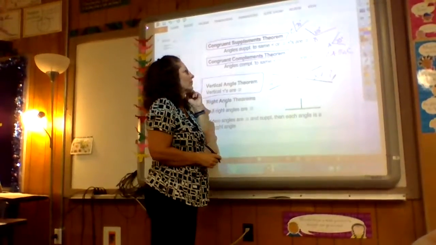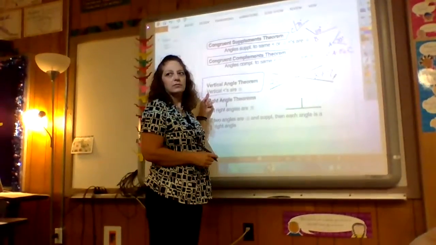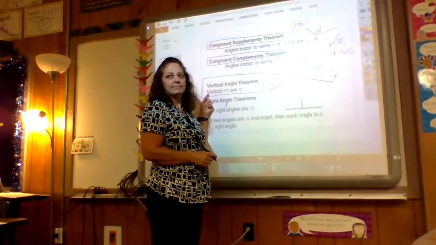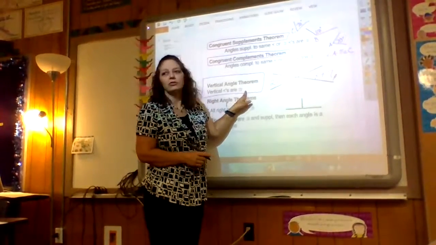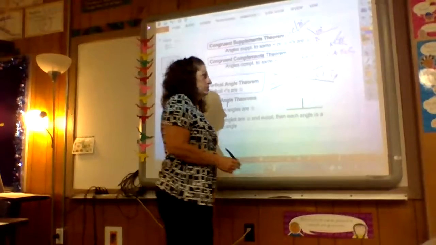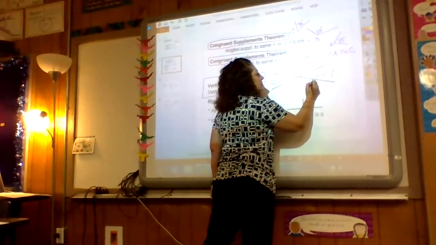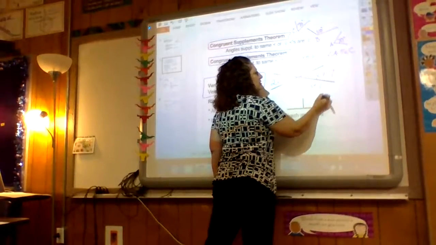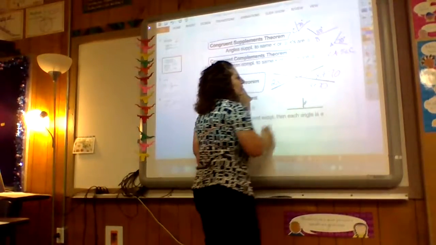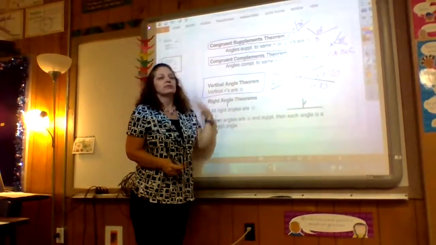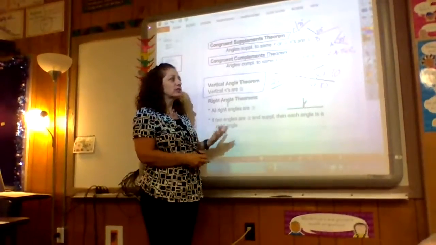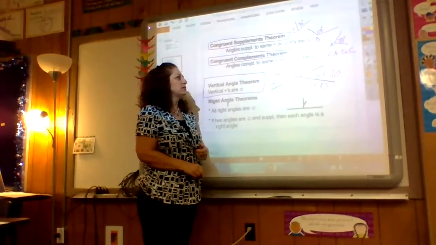Vertical angles are congruent. So you would set up the equation 2x equals x plus 7, so that you could solve to find the value of your angle. Vertical angles are congruent, so you can use any equation to go with that.